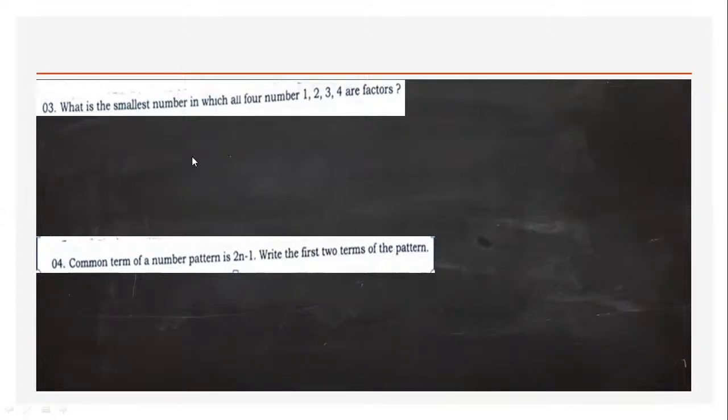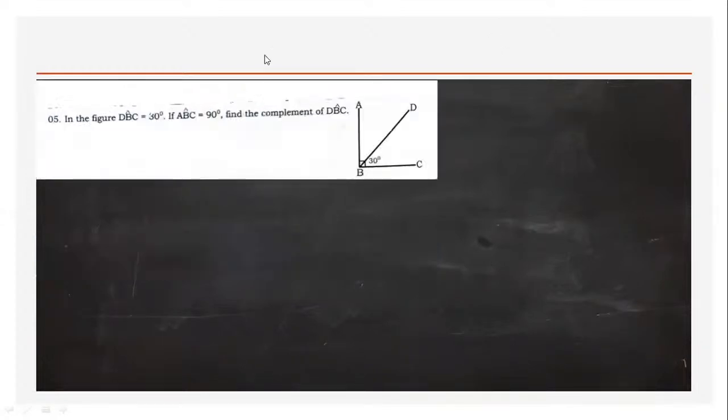Next question, question number 5. In the figure, DBC is 30 and ABC is 90. Find the complement of angle DBC. We already know that angle ABC is 90.